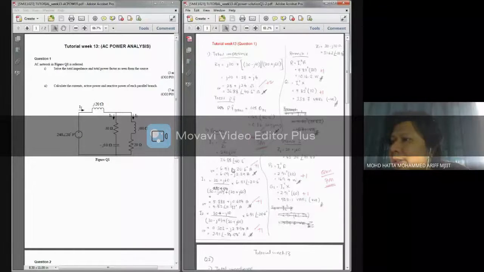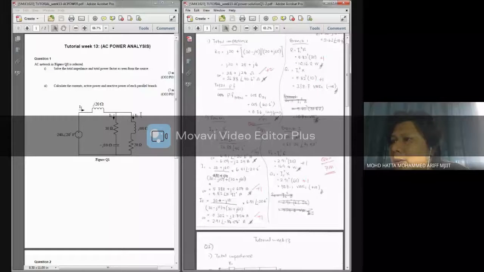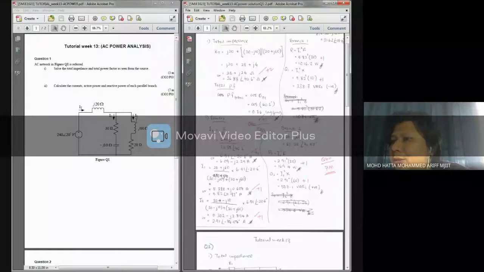First you need to calculate the total current, and then you divide it into I1 and I2 using the current divider rule.